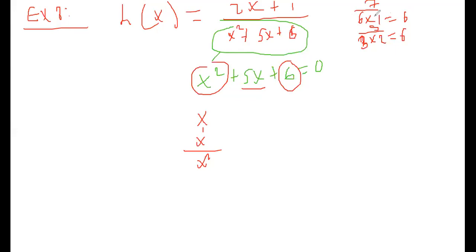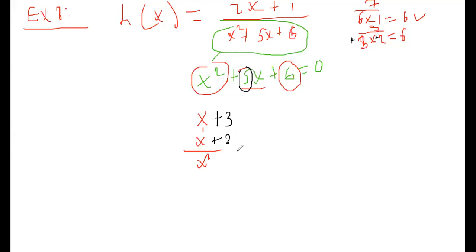So we can't use 6 and 1, but we can use 3 and 2, since they should add up to plus 5. So 3 and 2 is the best candidate. They are both plus, obviously, since if there is no sign indicated, it is plus.